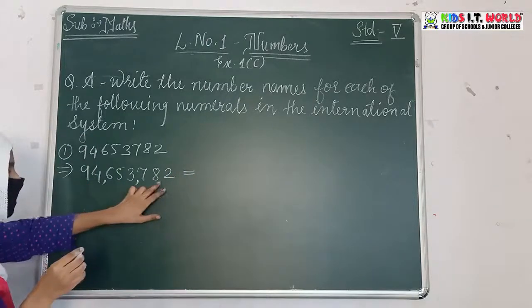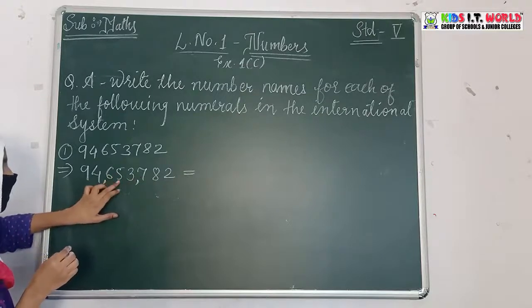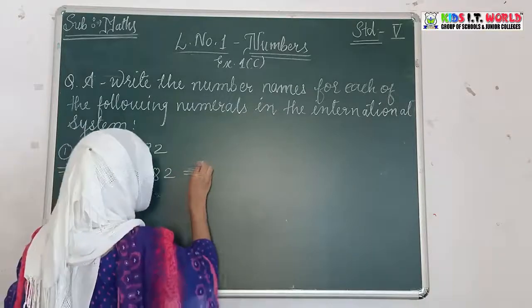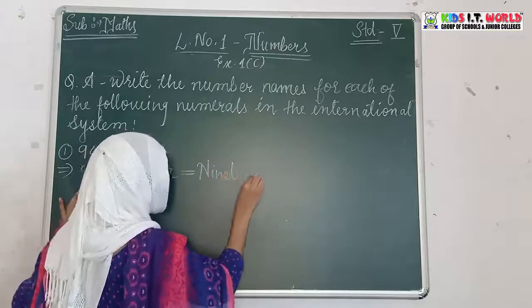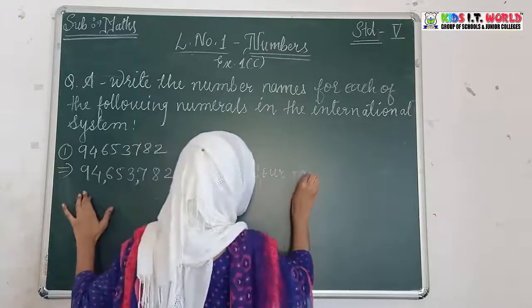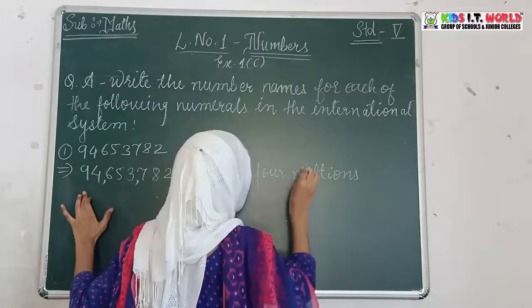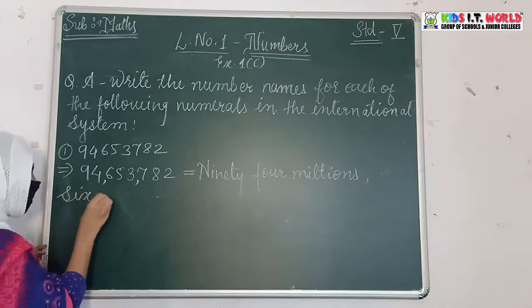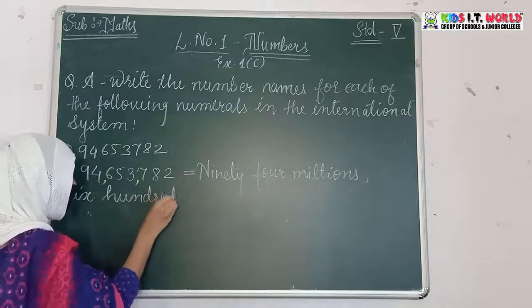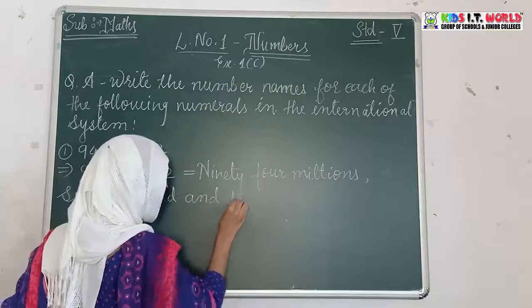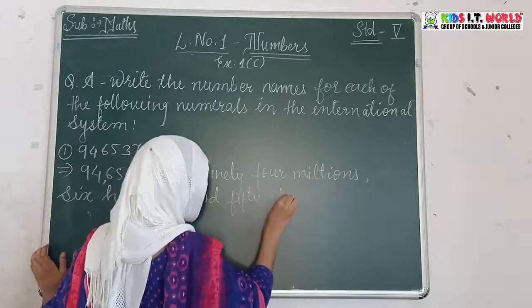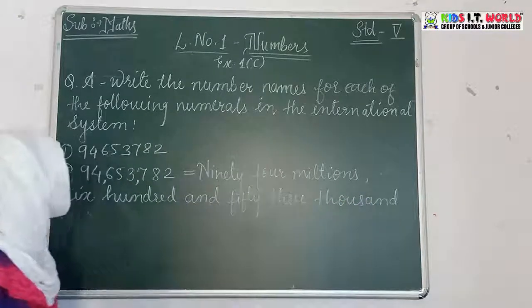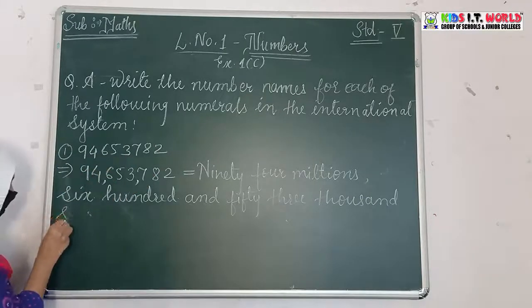So it is ones, tens, 100, thousands, 10,000, 100,000, millions, and 10 millions. So it is 94 millions, 653,000, 53,782.